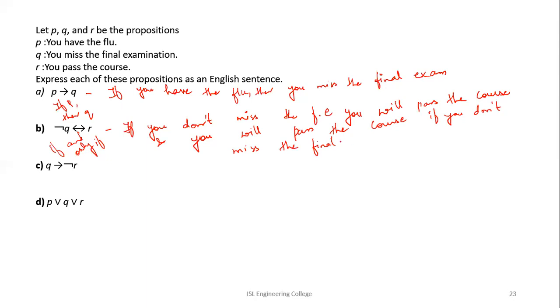Now you might wonder why we have written this statement in this way. Normally if and only if means that both scenarios should be valid for each other. Let's take another example for if and only if. P is you can take the flight, and Q is you buy a ticket.